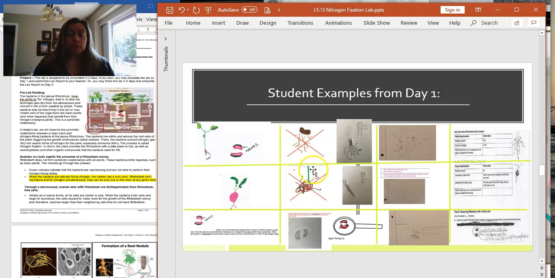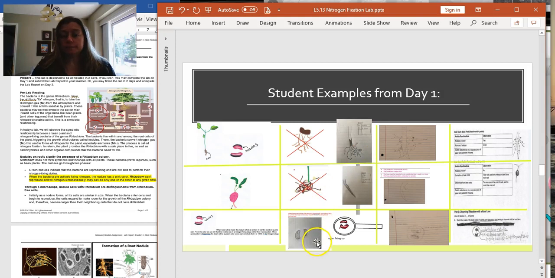So this student did not get credit because this student drew the wrong picture. And then if you look at them, things are missing. First of all, there's no labeling. There's no indication of any nodules on this bean plant, and there ought to be because the bean plant has nodules. And then this isn't even the same plant.